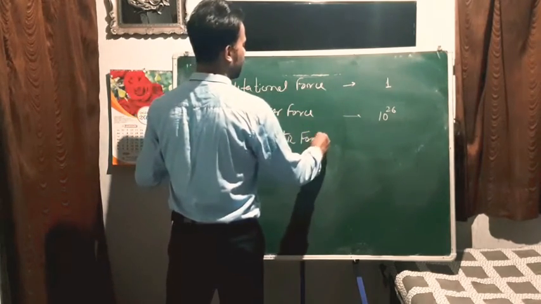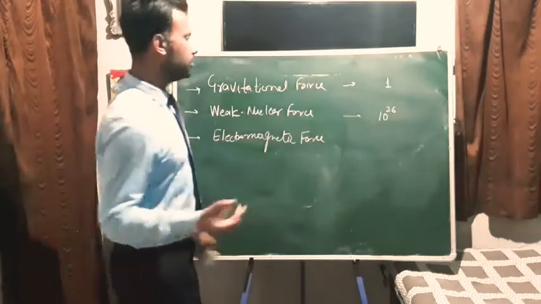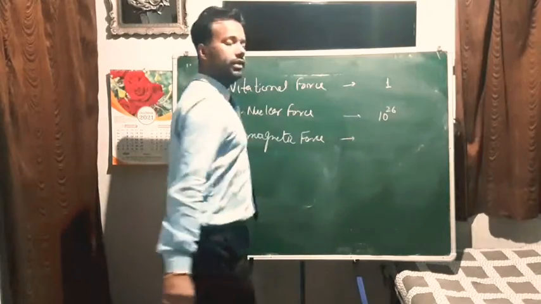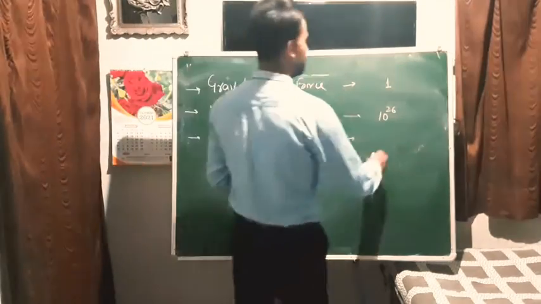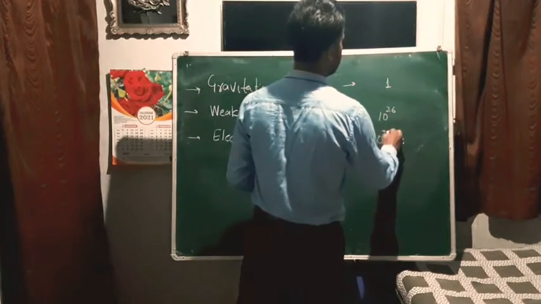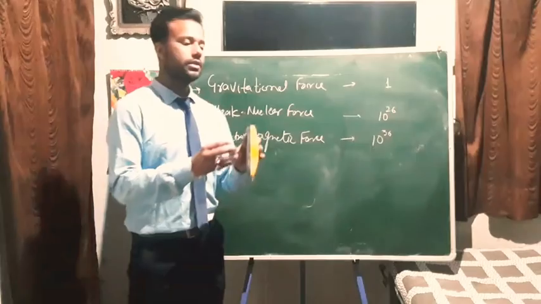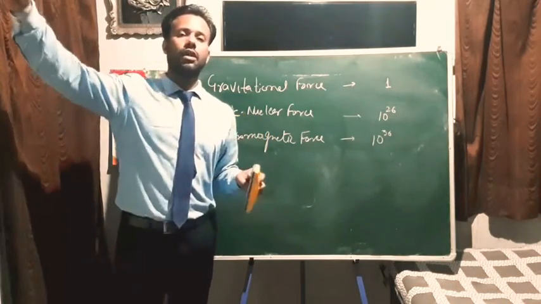Electromagnetic force is the second most powerful force in nature, and if you compare its magnitude with respect to gravitation, it will be 10^36 times, that means take 10 and then add 36 zeros after that.